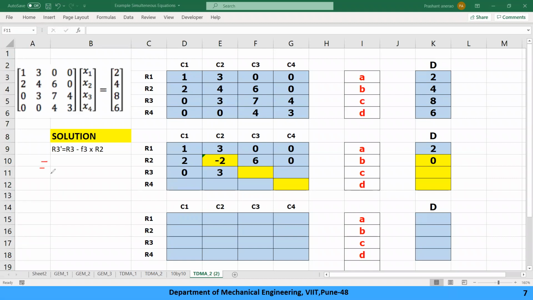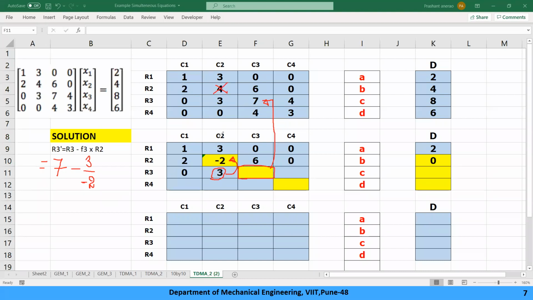So R3 old value, there is no space here so you have to take it from the previous table. That was 7 minus the factor. Which one do we want to make 0? Divided by the corresponding pivot element. We want to make 3 zero, divided by the corresponding pivot element. The corresponding pivot element is -2. Many times even I myself make mistakes during these calculations, so make sure that you don't use 4.